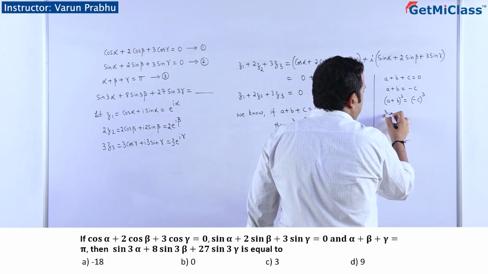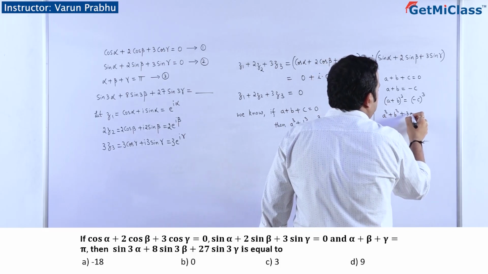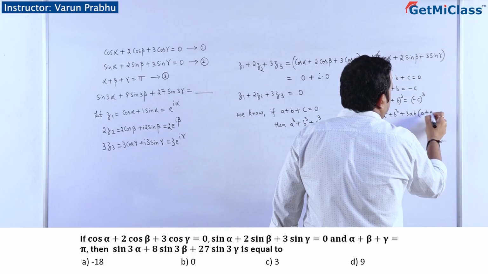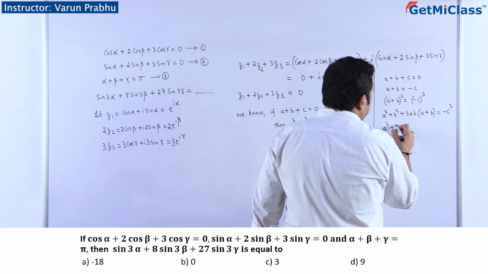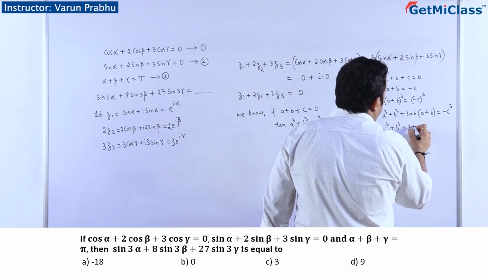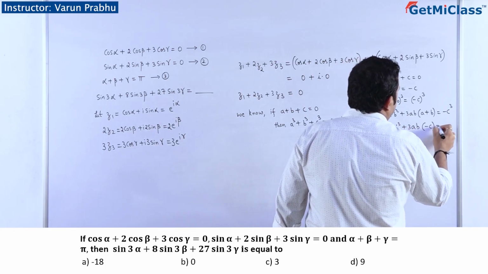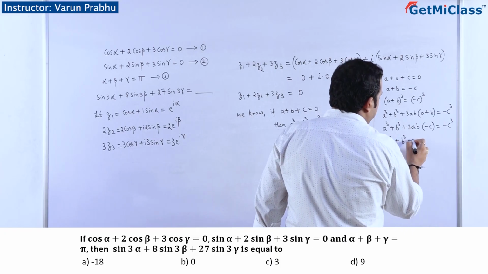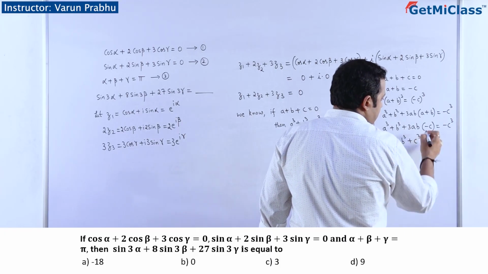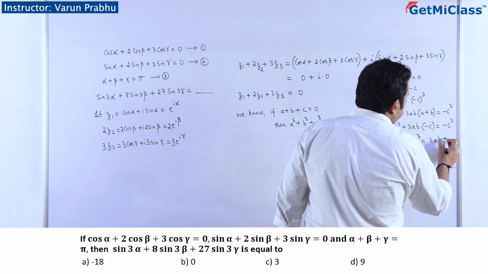So it is of the form a cube plus b cube plus 3ab into a plus b, that is equal to minus c cube. So a cube plus b cube plus 3ab into minus c is equal to minus c cube. You take this minus c cube and 3abc to the other side.